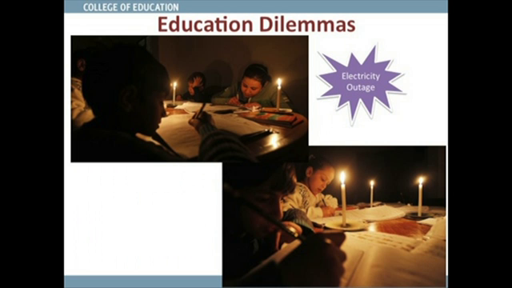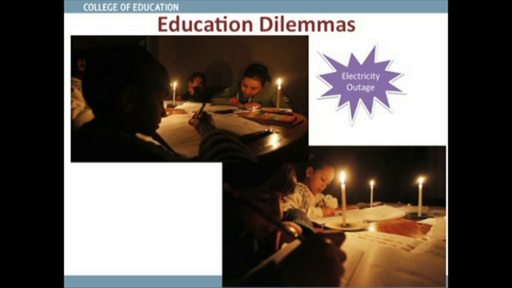Another dilemma is the electricity outage. People in Palestine have the electricity going out all the time, every day for about 8 hours. But students continue and challenge, and they study and use candles to do their homework.